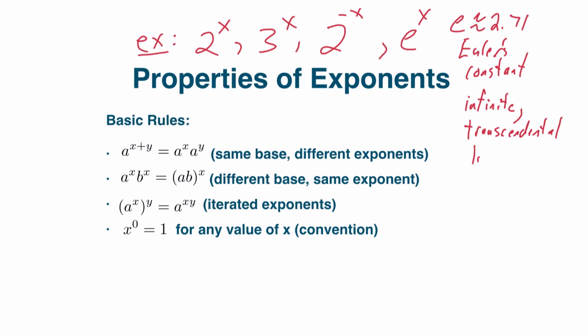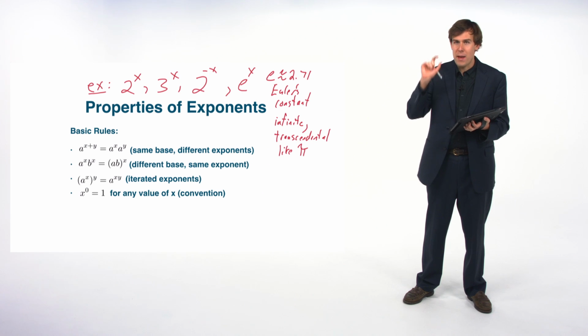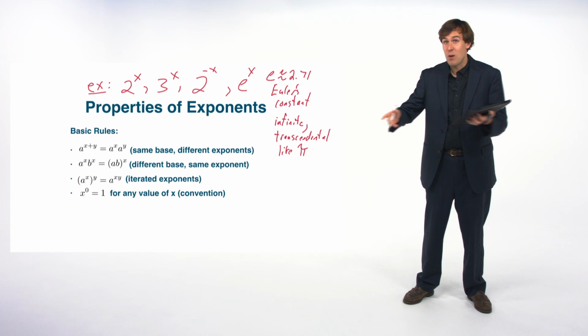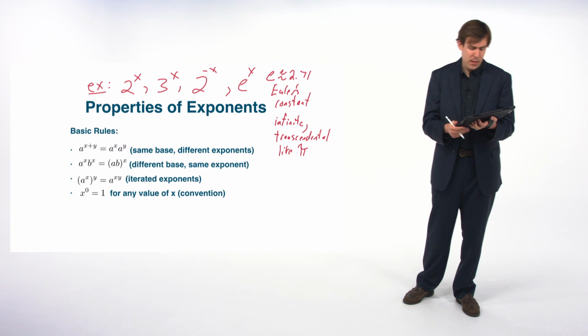It's transcendental like pi. But it's often used as the base of exponentials. It just seems to come up in many different ways. So you should certainly be familiar with, if you see e to the x, what they mean is an exponential formula where the base is approximately 2.71, though this decimal does go on forever and never repeats.